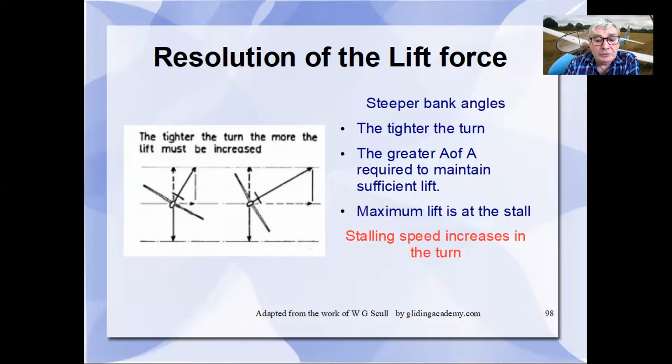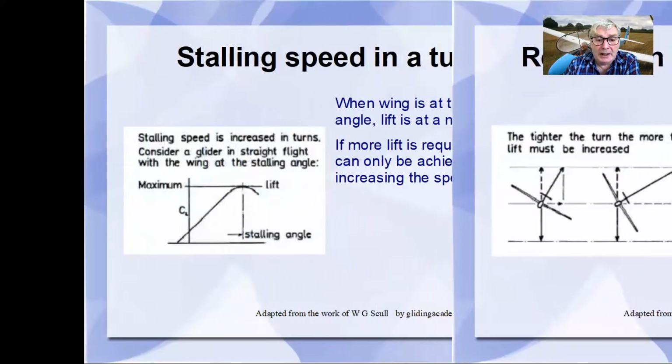Something to remember is we can increase the angle of attack to maintain the lift, but we can only go so far, because we already know that when the lift has reached its maximum value, the glider is at the stall. And therefore the glider is closer to the stall, and the stalling speed has increased in the turn, and we've got less room for maneuver, if you like.